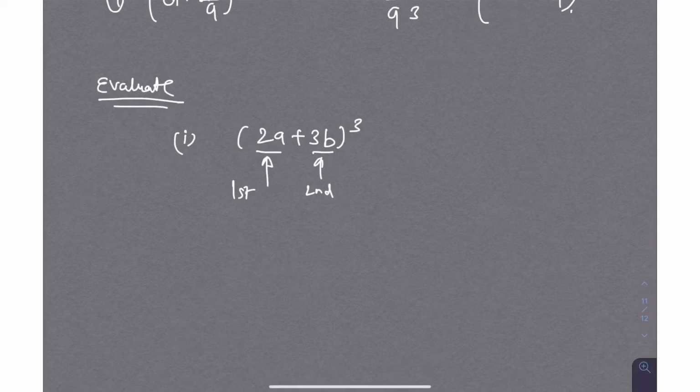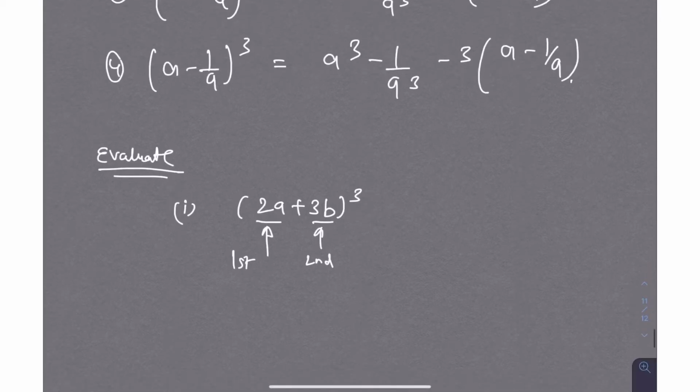Like we did in the first video, when we were expanding a plus b the whole cube, I had told you it is basically first square plus 2 into first term into second term plus second term square. You have to apply exactly the same way to this formula. So the formula is a cube plus 3a square b plus 3ab square plus b cube.